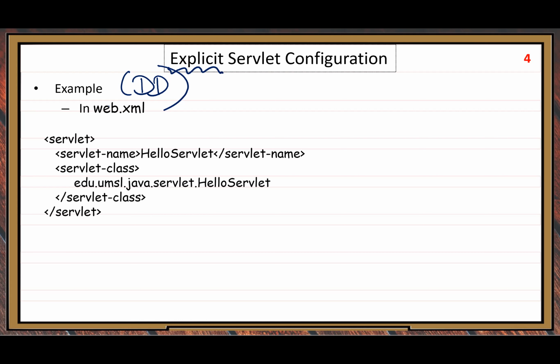So here you can see the servlet name is connected with the servlet class through this element. But we are not done yet. This is just the first half. You have the second half. Before I go to the second, I also want to mention that the servlet element creates a servlet instance.